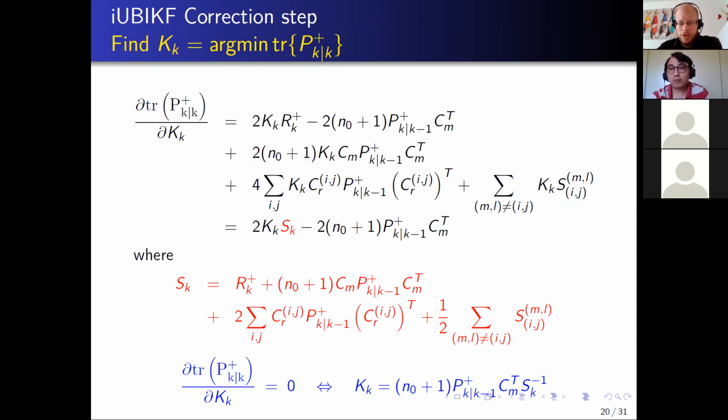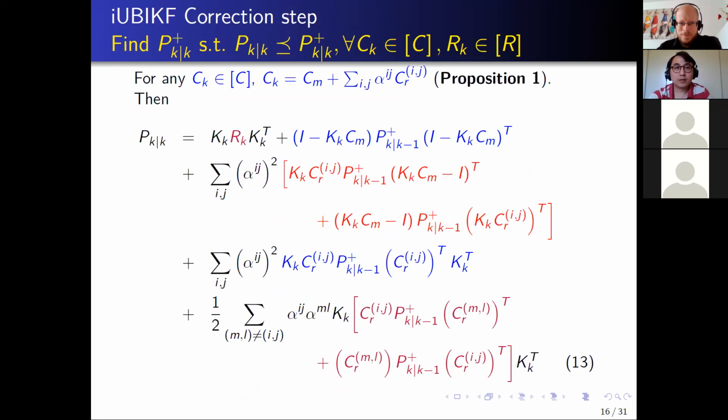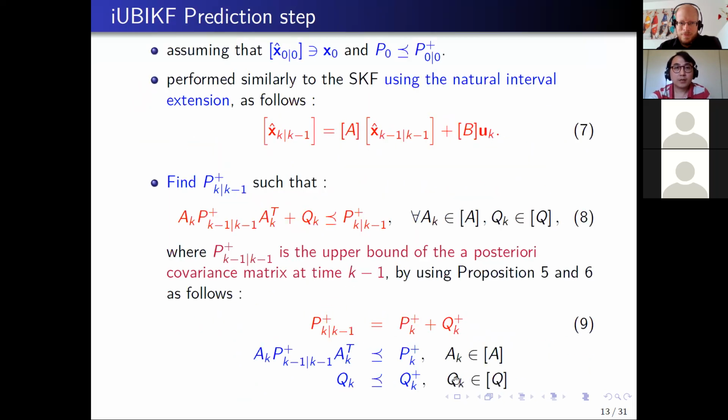Yes, and I think also the matrix P plus is an analytic expression and not the solution of a numerical LMI-based optimization. How do you solve this P plus at k minus 1? Here in the prediction step, you can find the P plus at k minus 1 for this term.